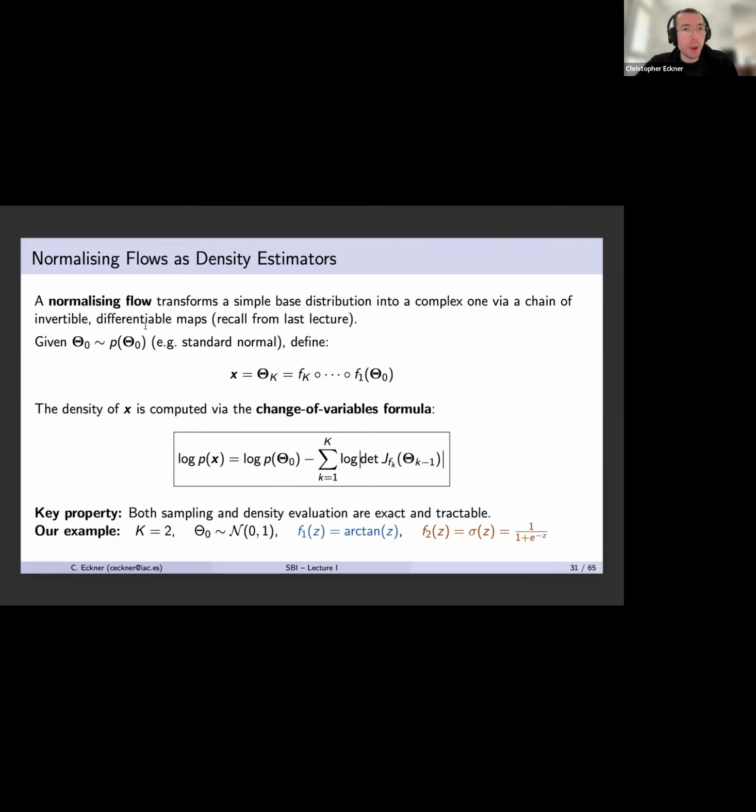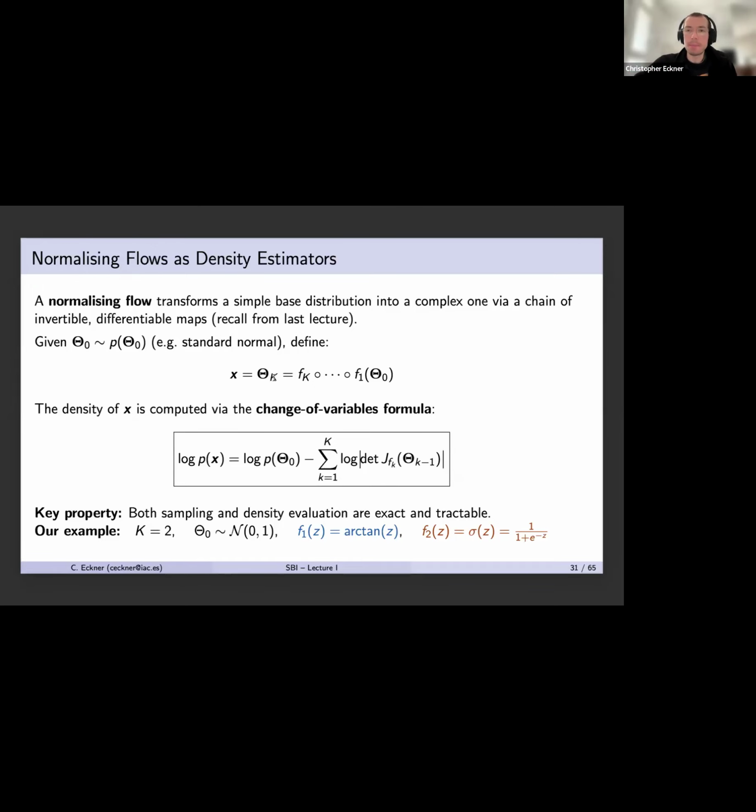So if you start with one random variable and its probability distribution, let's say a standard normal distribution, you get this theta zero, and then you define this chain of these simple transformations from f1 to fk on those base samples that then lead you to the final theta k or x. So this is very simple to do.